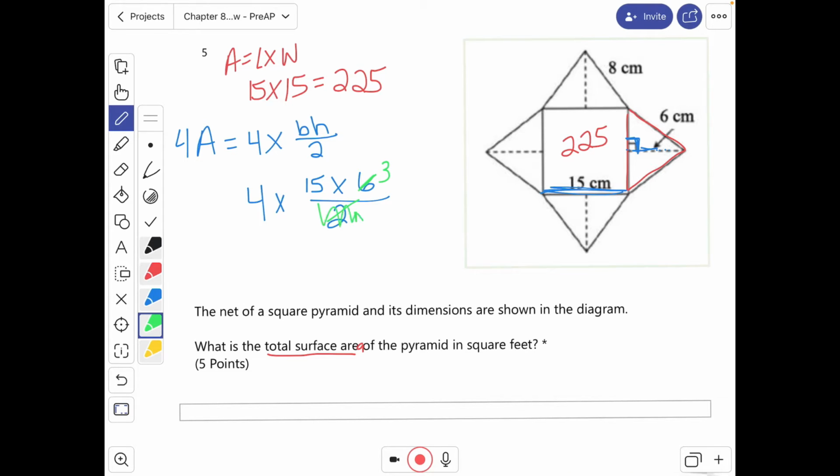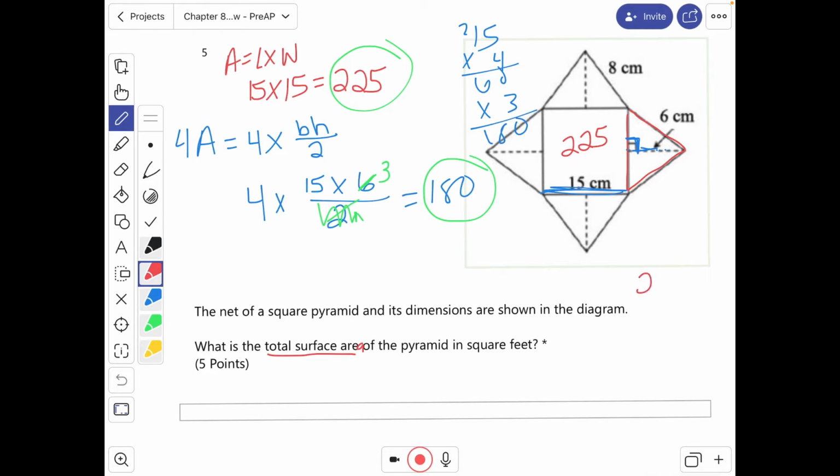So now the denominator is just 1. It's canceled, and I can just multiply straight across. So 4 times 15, 60, times the 3, 180. Then I need to add both of those together. So 225 plus 180 makes 405. So that's 405, and it's centimeters square.